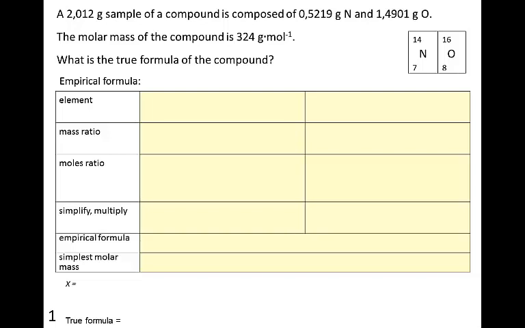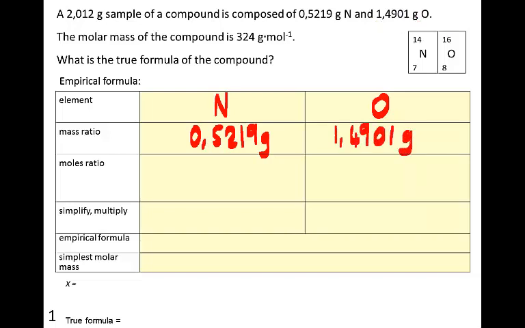So our elements are nitrogen and oxygen. The mass ratio is 0,5219 grams of nitrogen for 1,4901 grams of oxygen. We need to convert this mass ratio into a mole ratio, a particle ratio. How many moles of nitrogen have a mass of 0,5219 grams?